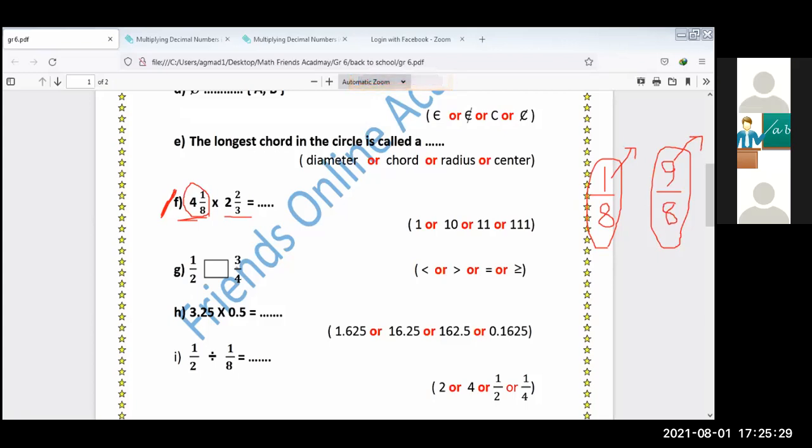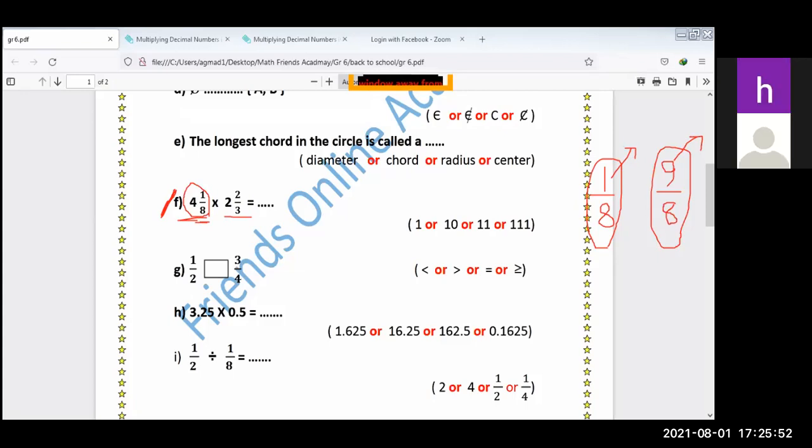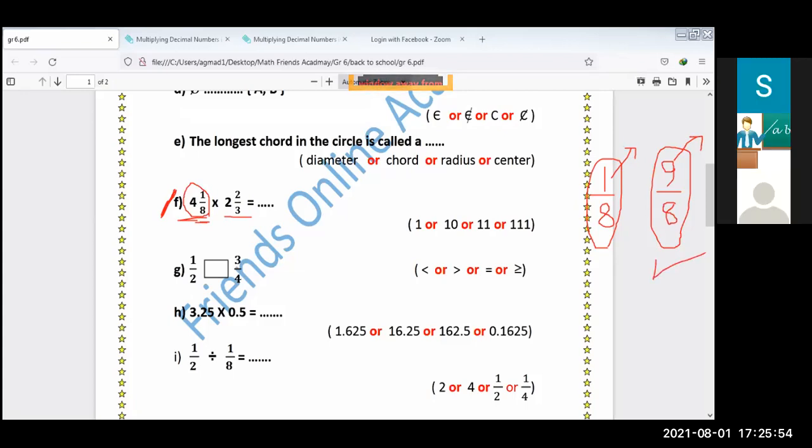But if your numerator is greater than your denominator, it is called an improper fraction, and this shape is greater than 1. So I will convert this mixed number to proper or improper? Improper. Teacher, how do you know without converting? Because you have a whole number 4, which is already bigger than 1, so you will convert it to an improper fraction.